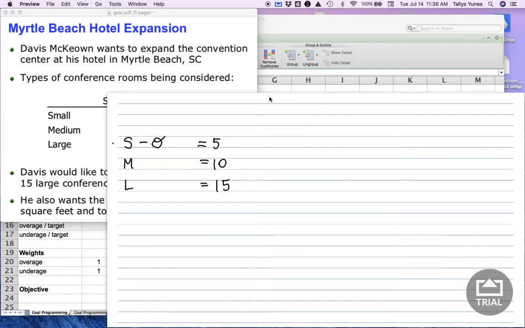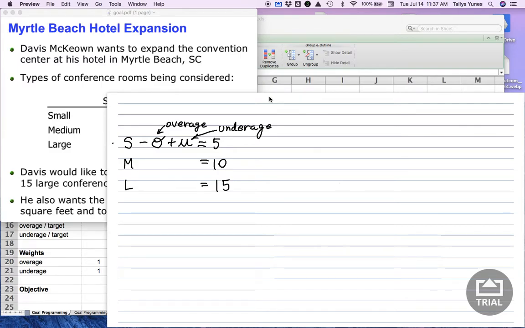And if S wants to be too small, I need to add something to it. And I'm calling this O to stand for overage. And I'm calling this U to stand for the opposite of overage, underage.